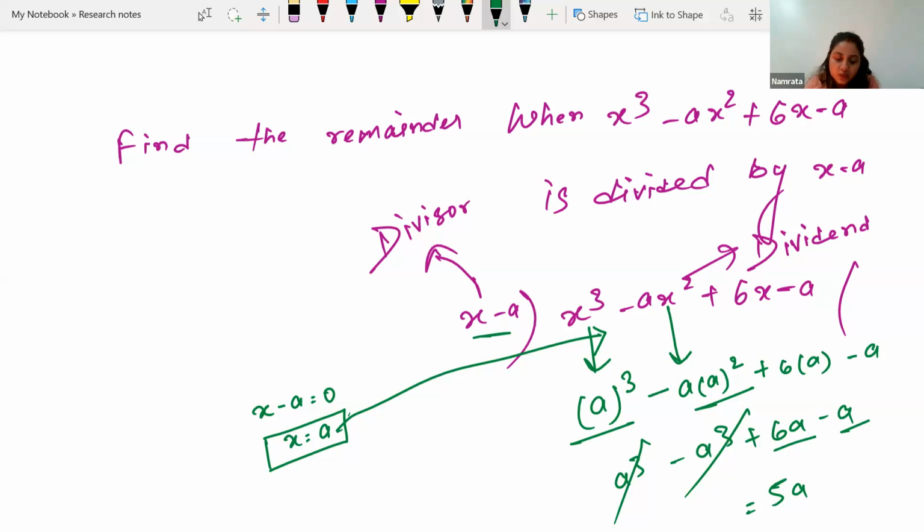Factor theorem I am explaining over here. Let me take a few examples from here.